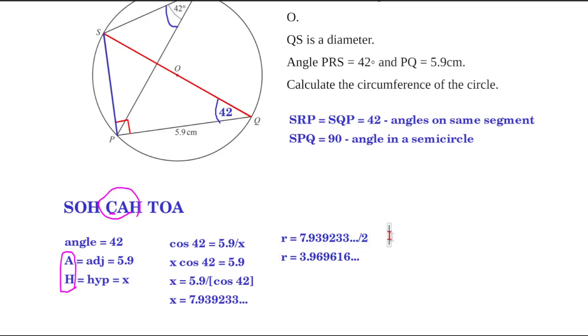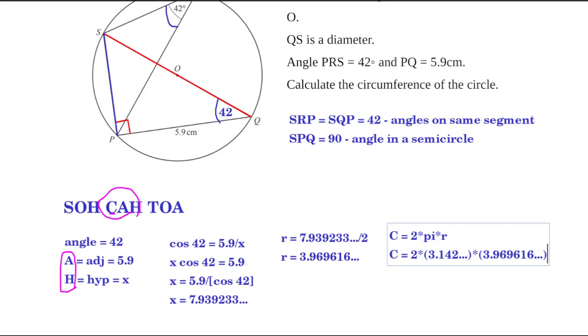Then the circumference of the circle, C, is equal to 2 times pi times r. So C is equal to 2 times pi, 3.142, an irrational number, multiplied by 3.96916.